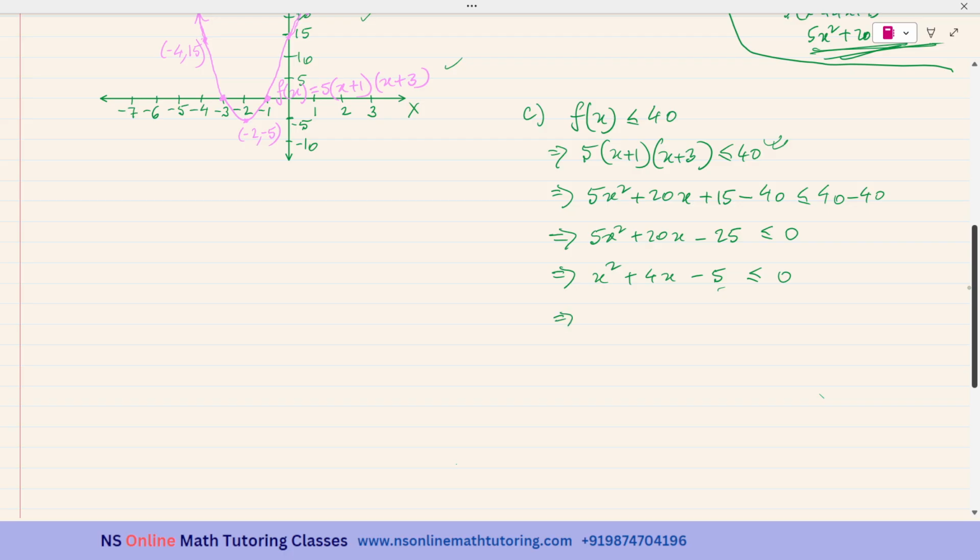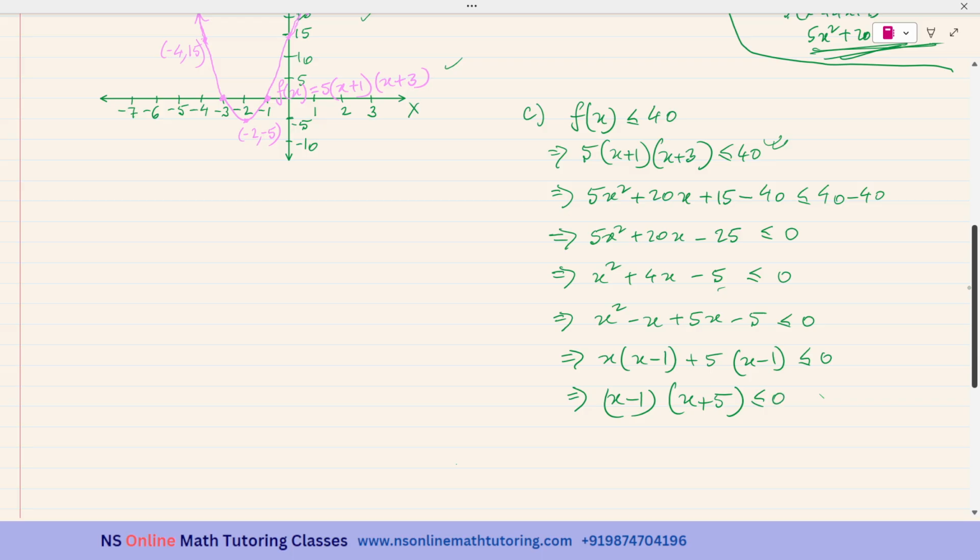So we can write this as x squared minus x plus 5x minus 5, since minus 1 times 5 is negative 5 and minus 1 plus 5 is plus 4. So x (x minus 1) plus 5 (x minus 1) is less than or equal to 0. So (x minus 1) times (x plus 5) is less than or equal to 0.